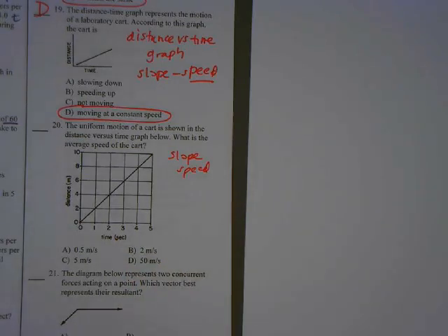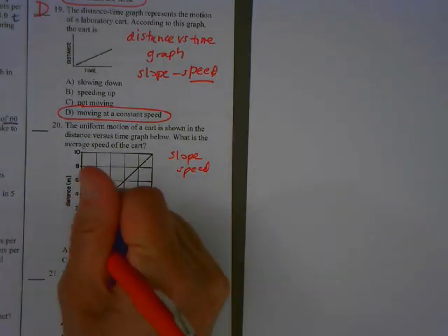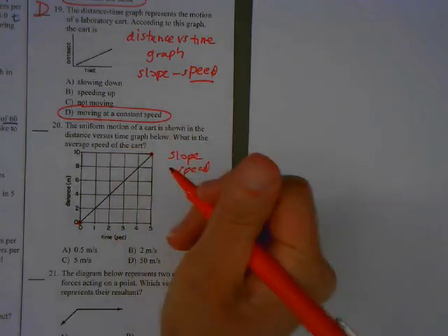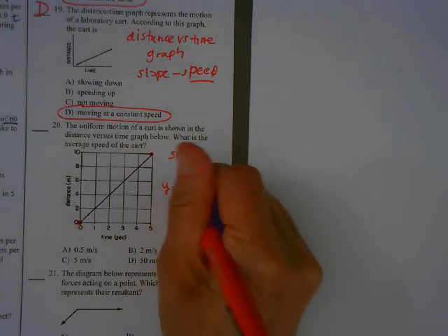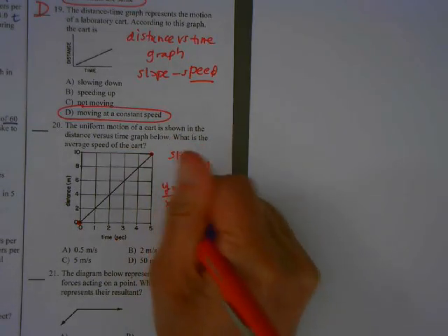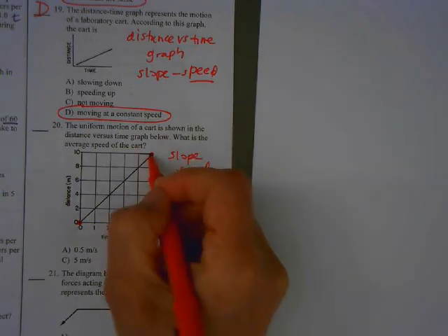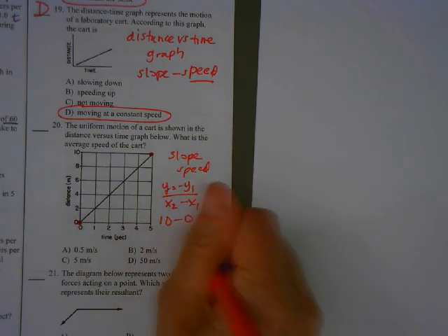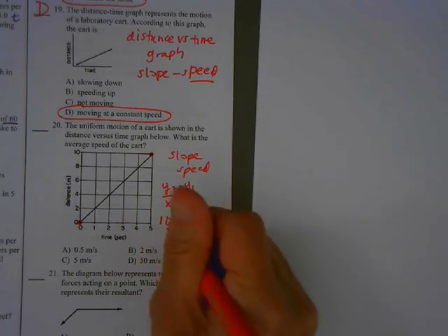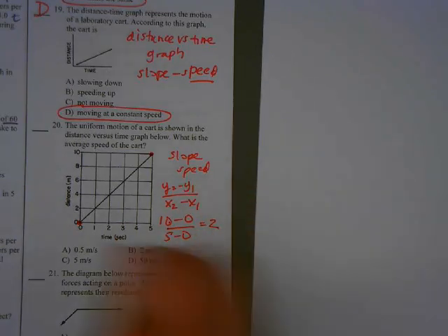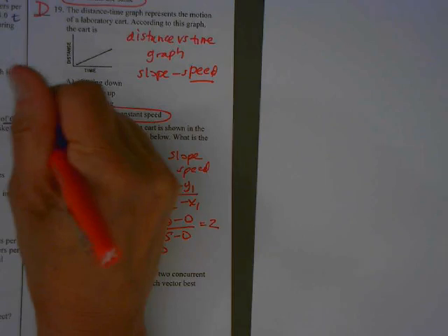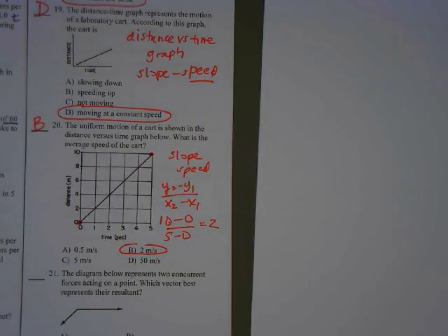Well, I would take the slope. The easiest way is to do the endpoint. So the slope is y2 minus y1 over x2 minus x1. So 10 minus 0 over 5 minus 0, so 10 divided by 5 is 2. So the answer is B.